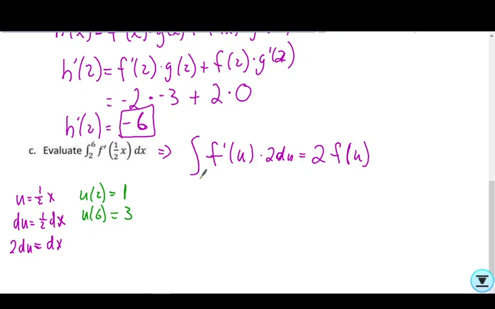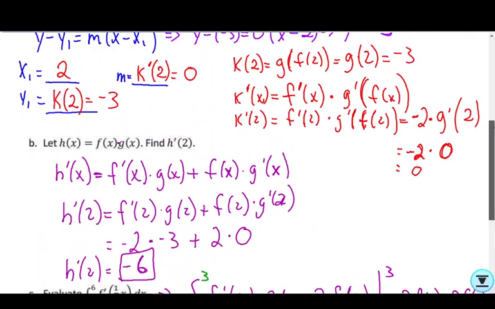So my new limits are from 1 to 3. So that means I'm going to evaluate this from 1 to 3. That means this is 2f of 3 minus 2f of 1.